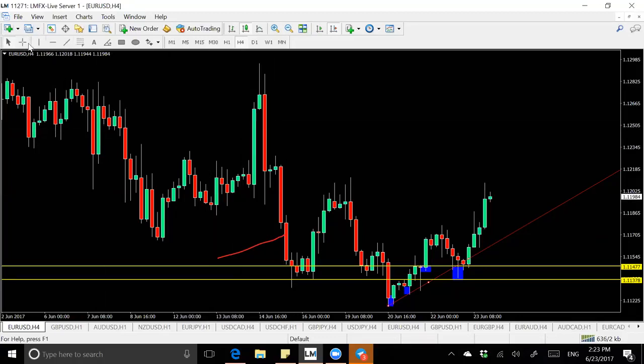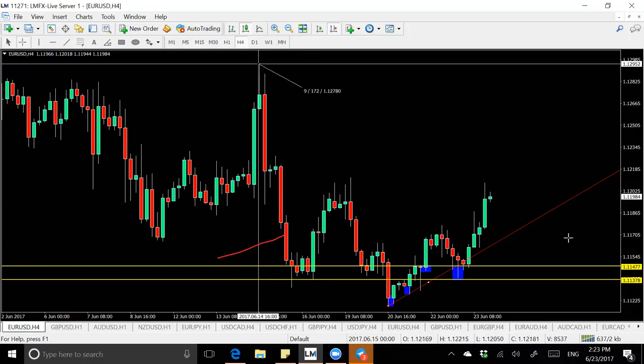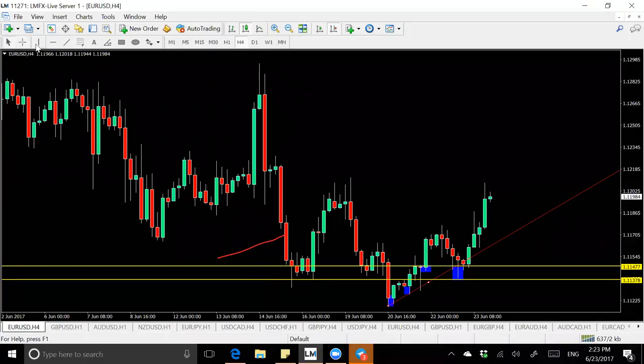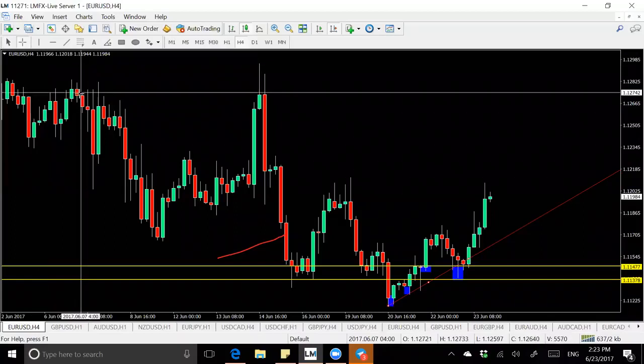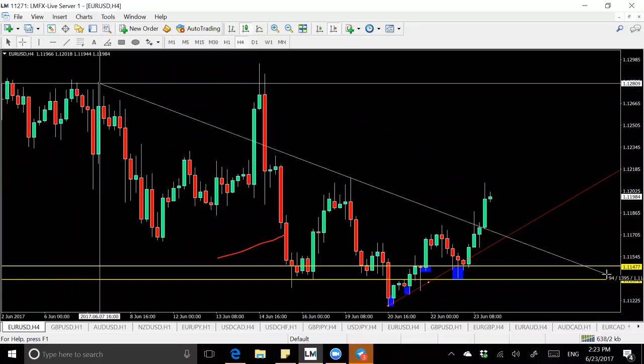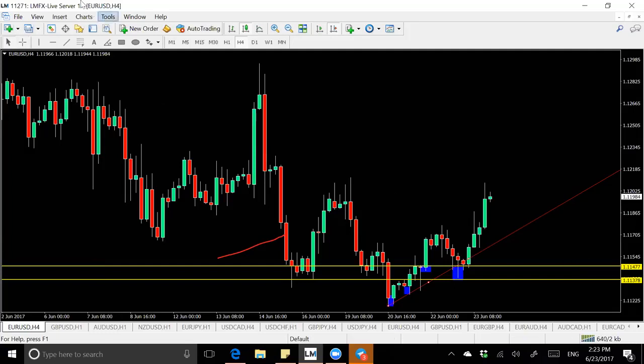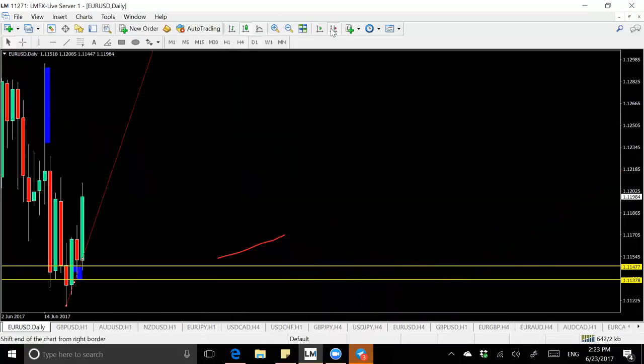Now look at this. People would have drawn this right here, but your actual trend line here is this right here. This is your actual trend line. And this price doesn't exist, because this is 4 hour.